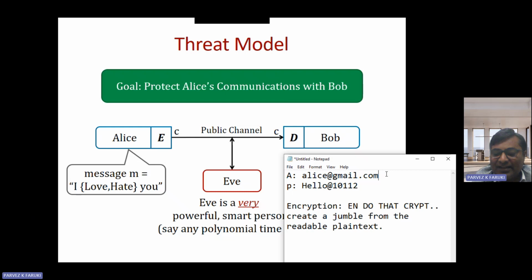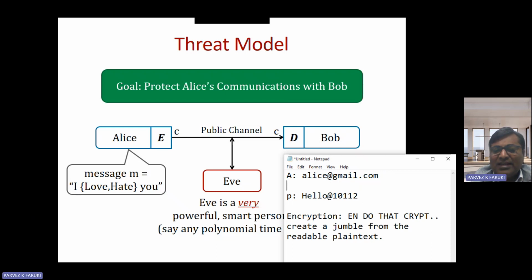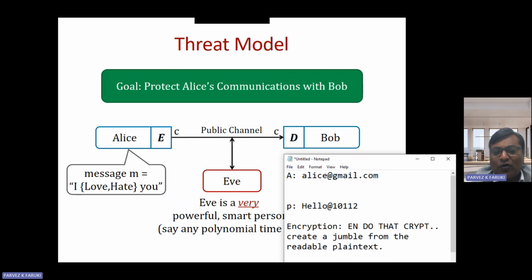Let's say E is an encryption algorithm, which is a mathematical model, to ensure that I am not able to infer what exists.